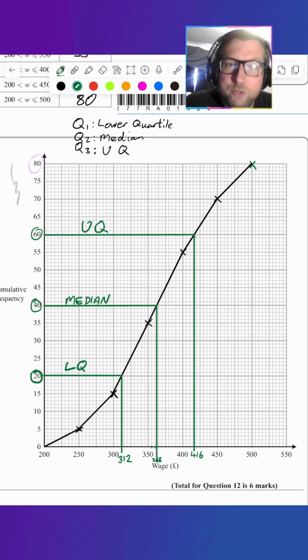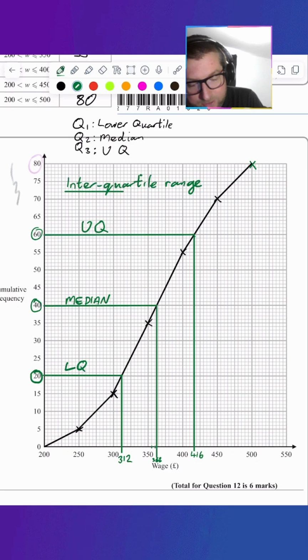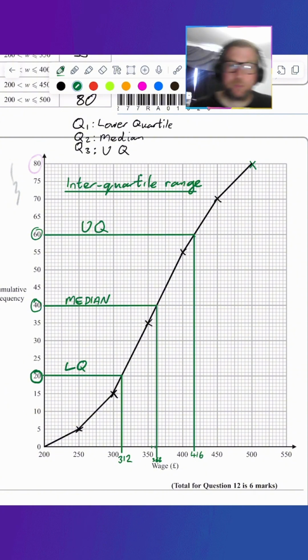As soon as you draw a cumulative frequency curve, you should expect to be doing something like this. In this particular question, we didn't. We went up to 60%, but it was the same idea. Now, from the upper quartile and the lower quartile, we can work out the interquartile range. Range is the largest value minus the smallest value.